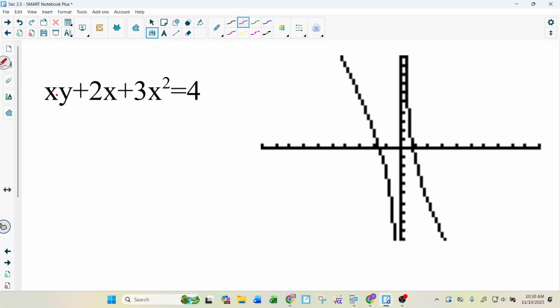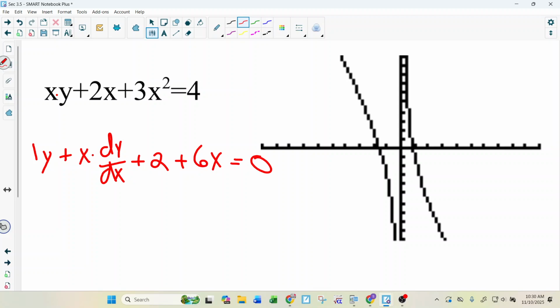Derivative of the first times the second plus the first times derivative of the second. So what's the derivative of y? It's 1 times dy/dx. Plus the derivative of 2x is just 2, plus the derivative of 3x squared is 6x equals 0.